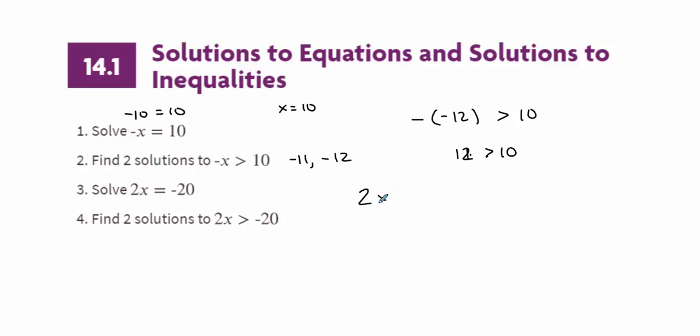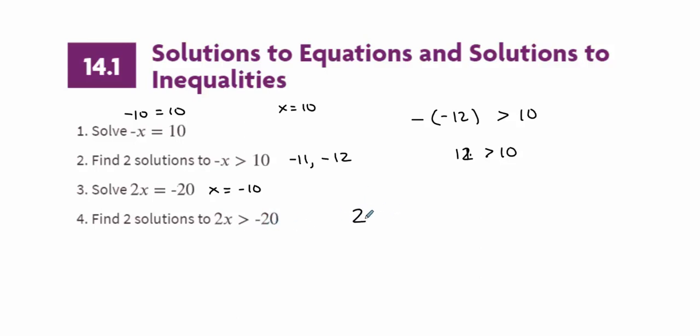Solve 2x is equal to negative 20. So I'm just going to use my rules for solving equations. I'm going to divide by 2, and I have x is equal to negative 10. Negative 20 divided by 2 is negative 10. And then two solutions to 2 times x is greater than negative 20.